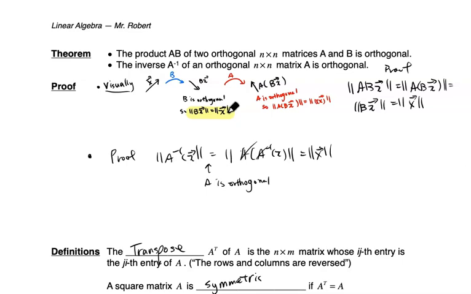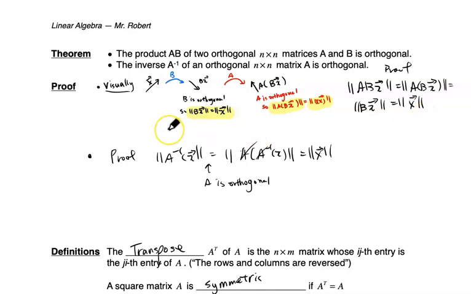Then we apply A, and the output will be another vector, but again, we know that the length has been preserved. So A of Bx has the same length as Bx. And so altogether, A of Bx, which is ABx, has the same length as x itself. This is what it looks like algebraically. The norm of A of Bx equals the norm of Bx equals the norm of x.